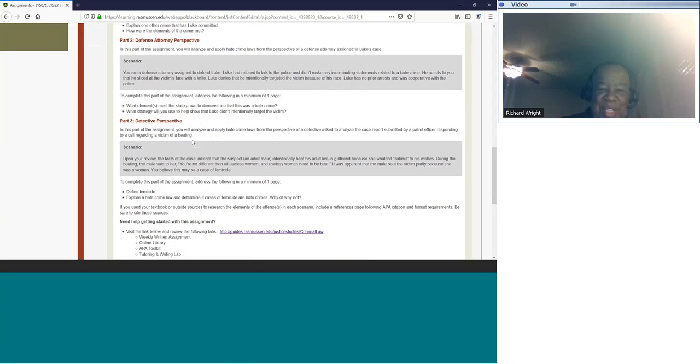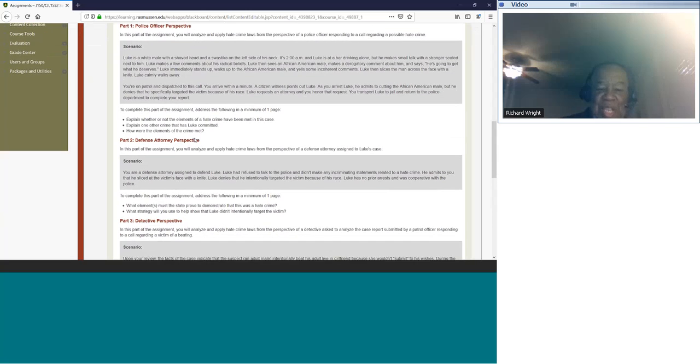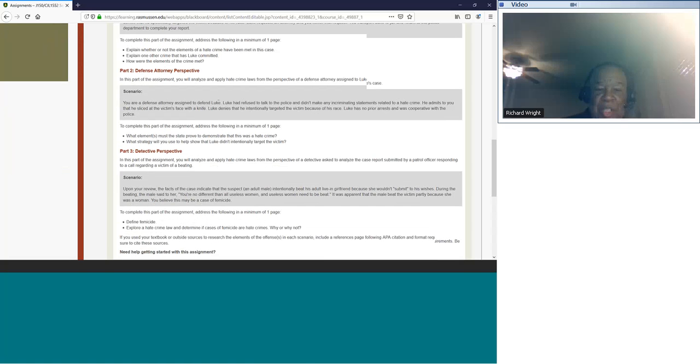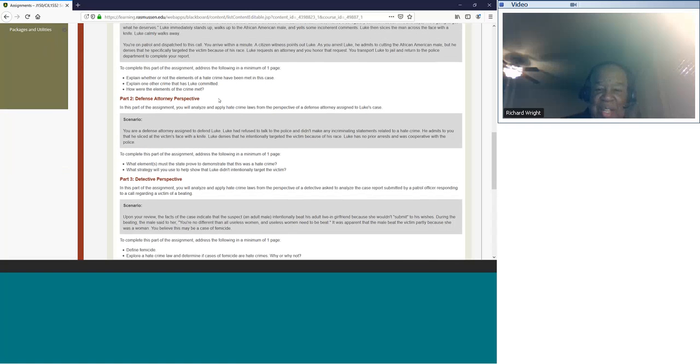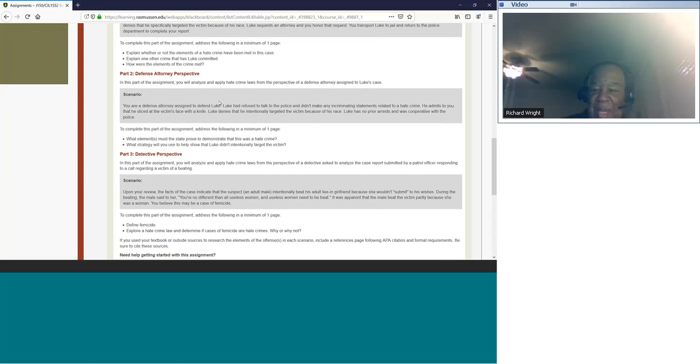So basically, when you look at it from the police officer, these are the initial officers. But detectives are police officers too, but they're the ones who conduct the further investigation. Basically, the police officers make the arrest, gather the information that's needed. Defense attorney, of course, is going to defend the individual that's involved here, okay? And Luke is the defendant here.